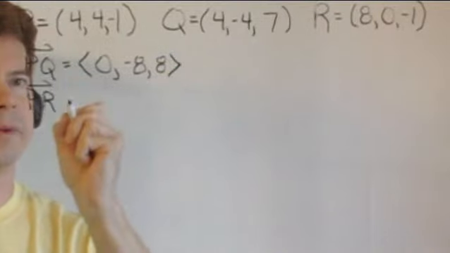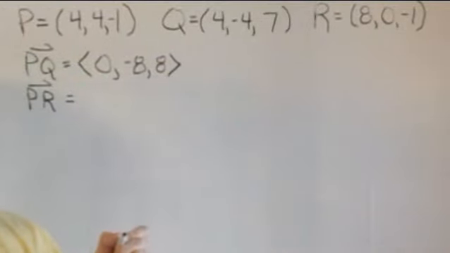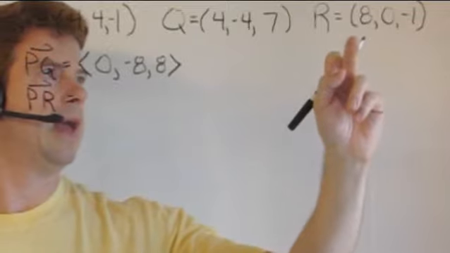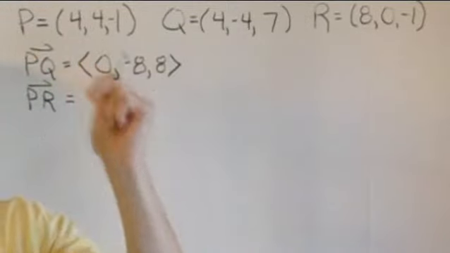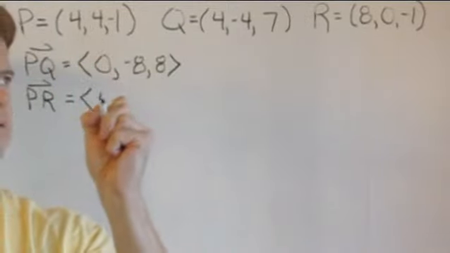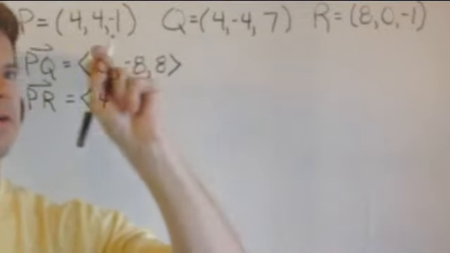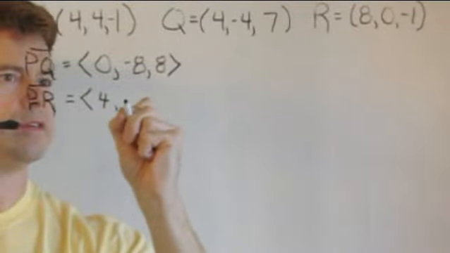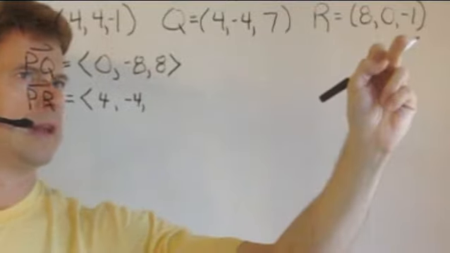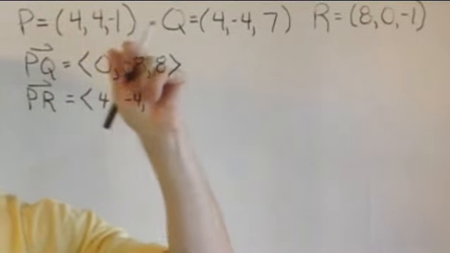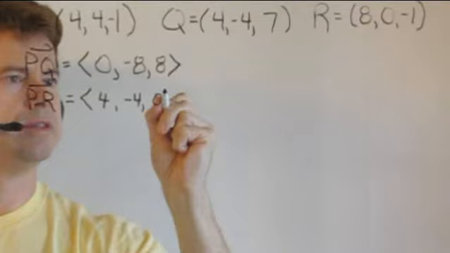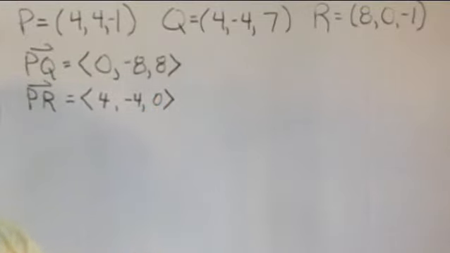That gives us our PQ vector. And our PR vector is 8 minus 4 gives us 4. 0 minus 4 gives us negative 4. Finally, negative 1 minus a negative 1 gives us 0. So that gives us our 2 vectors.